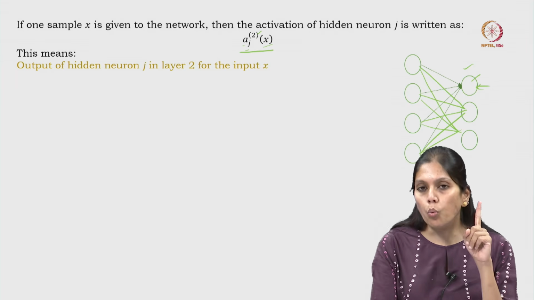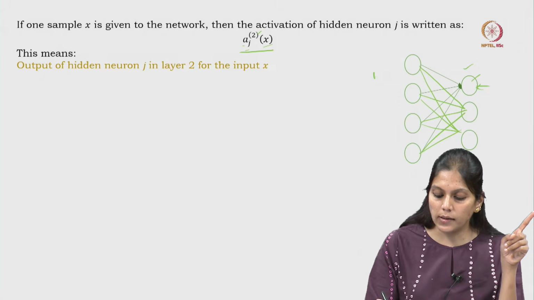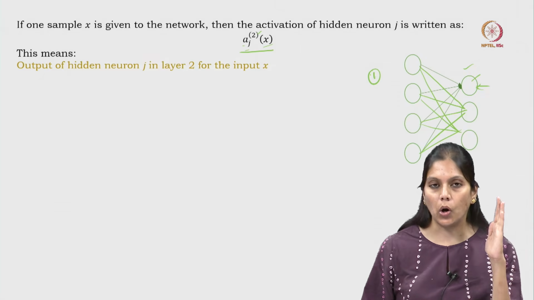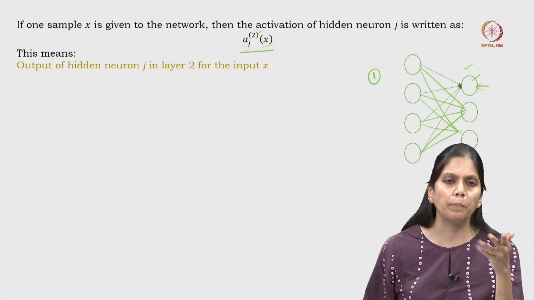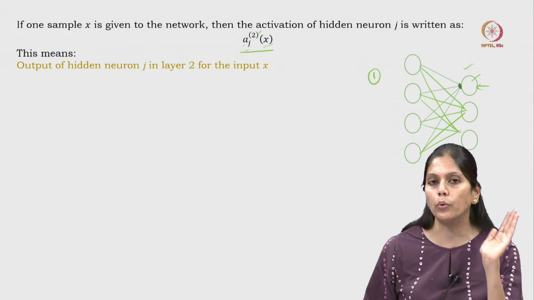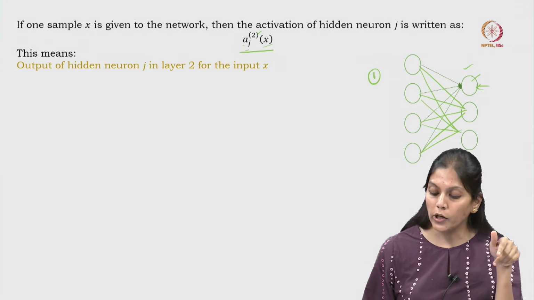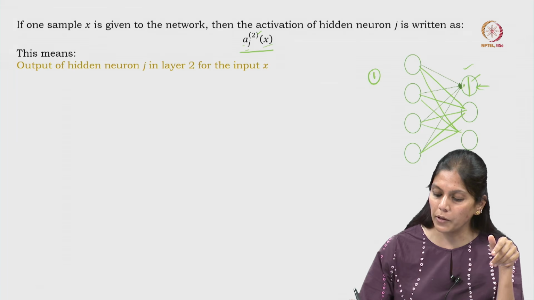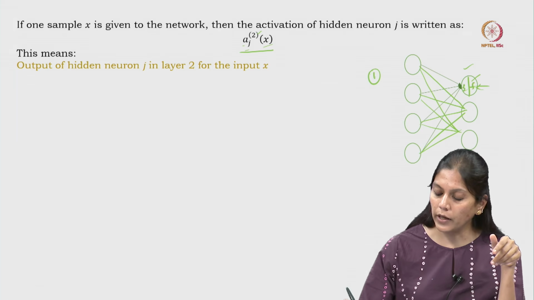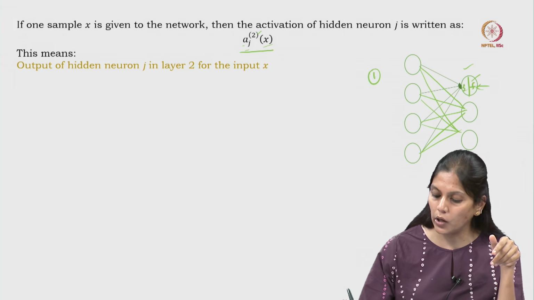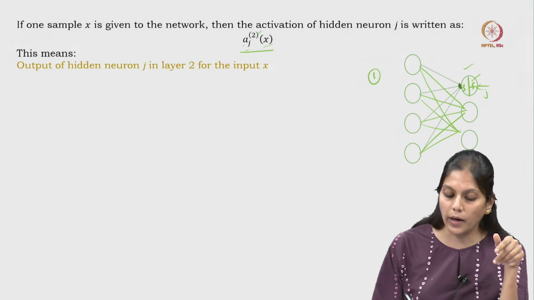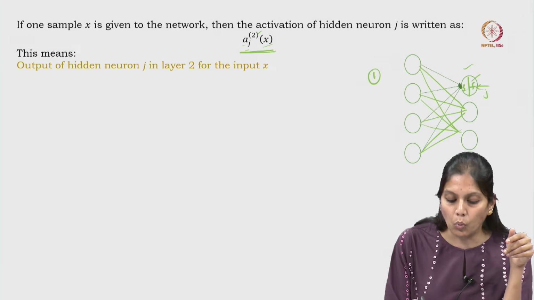If there is one sample that you are passing, or the first sample, one sample X is given to a network, then the activation of the hidden neuron J is denoted as this. This is summation, this is activation. Now, what is this whole term? How will you be reading it?